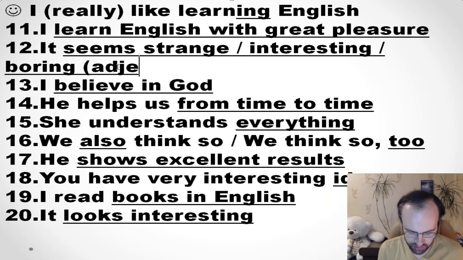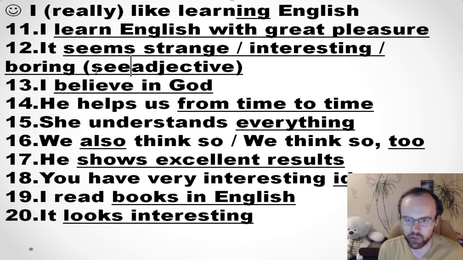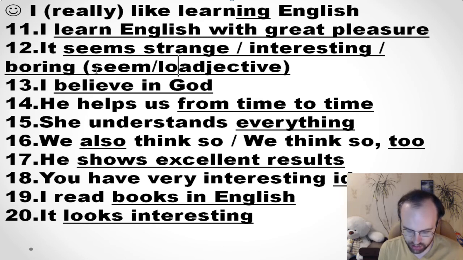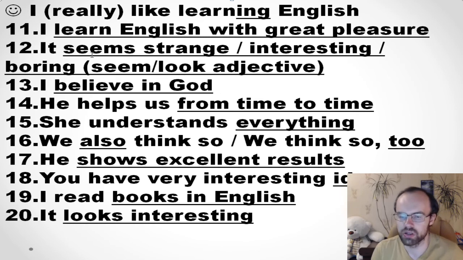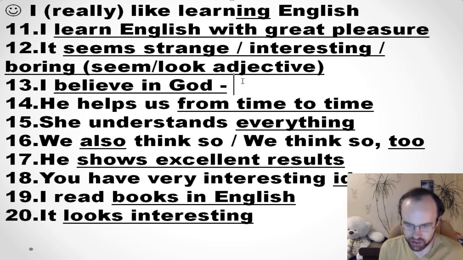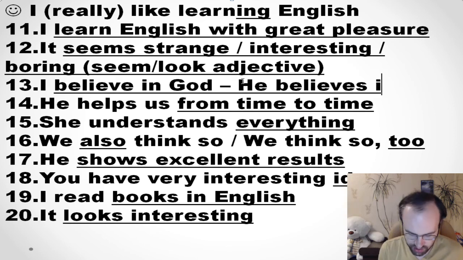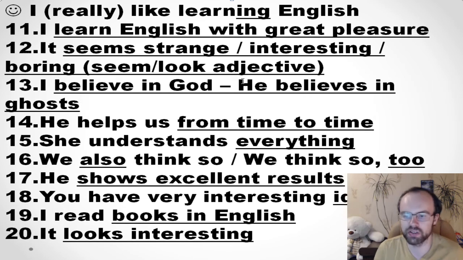So you need to use an adjective with seem or look. So it's a rule. Seem or look plus adjective. I believe in God. So if it's something supernatural, we say believe in. I believe in God, or maybe he believes in ghosts. He believes in ghosts.